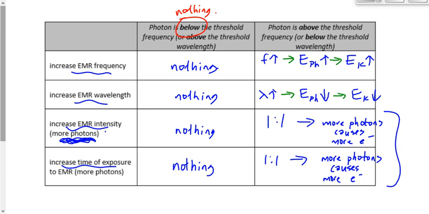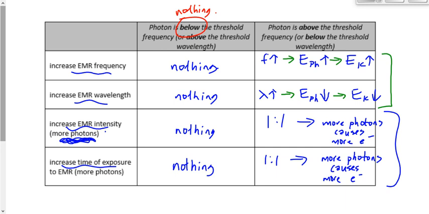But when we increase the frequency of the photon, we upped the ante a little bit from the piece of paper to the calculator. Had we actually thrown it, we would have seen that there would have been an electron ejected. We're above the threshold frequency now, and the more of them that we shine above the threshold frequency would cause more electrons to be ejected, more ouches to be heard.